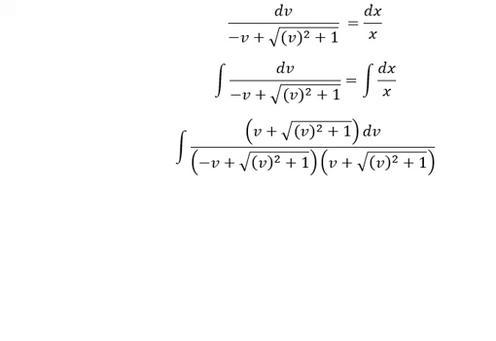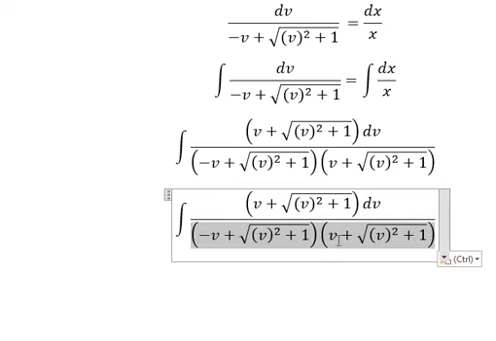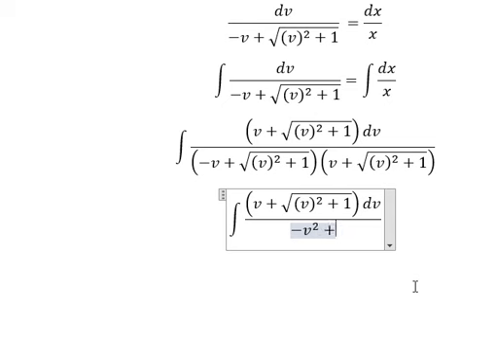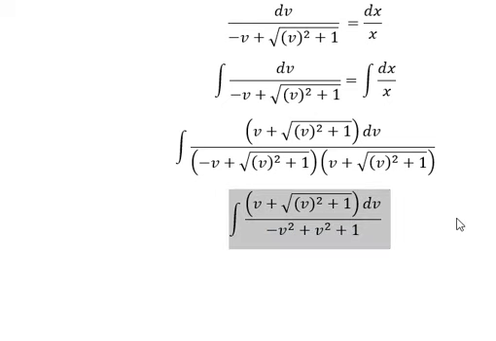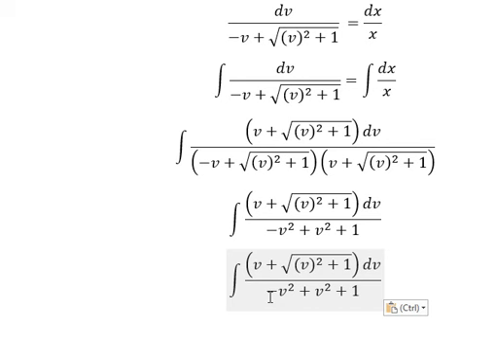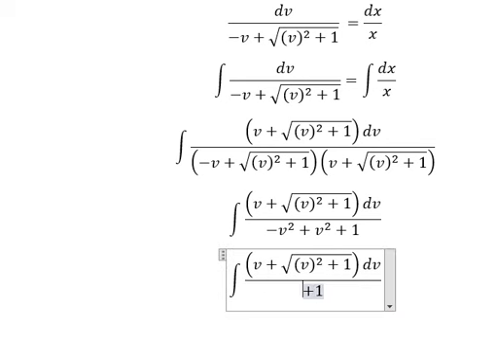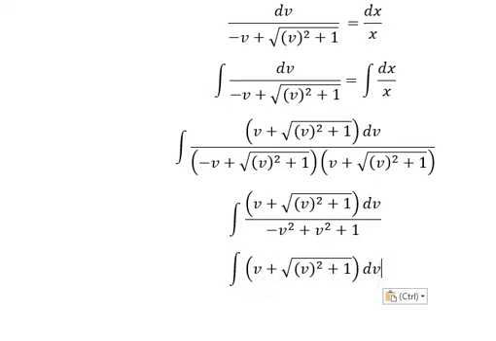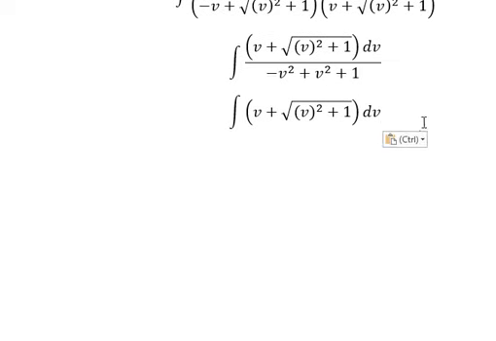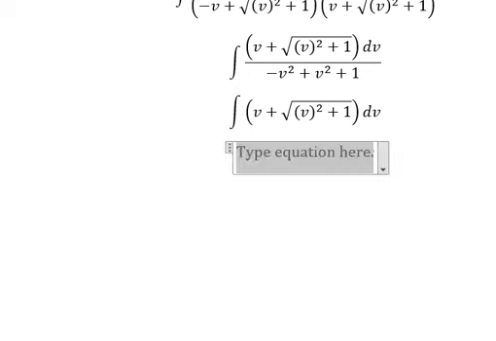Now, if we simplify this one, we will have negative v squared plus v squared plus 1. And now we simplify this one, and we have like this. Next, the integration of v, we have v squared over 2.